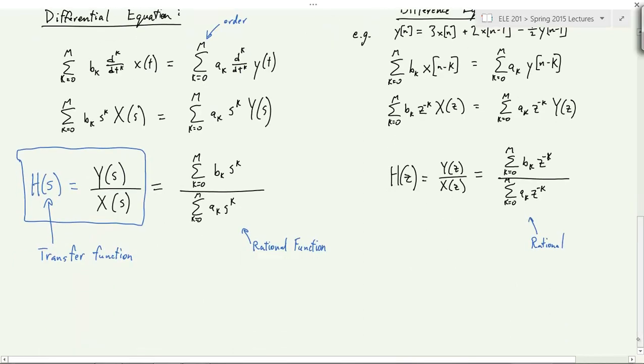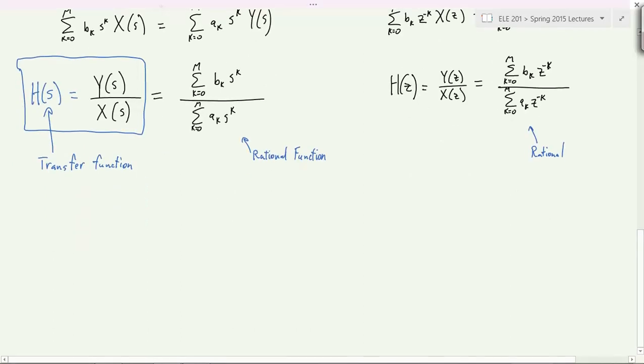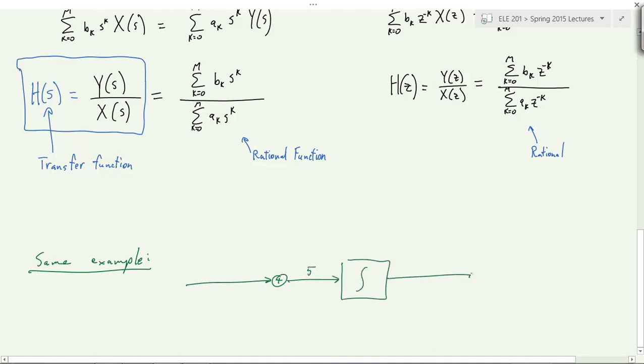Okay, let's look back at our differential equation that we had in our example. Same example. Here's the example again, plus we had a 5 here, we had an integral here, we had the output feedback like that.